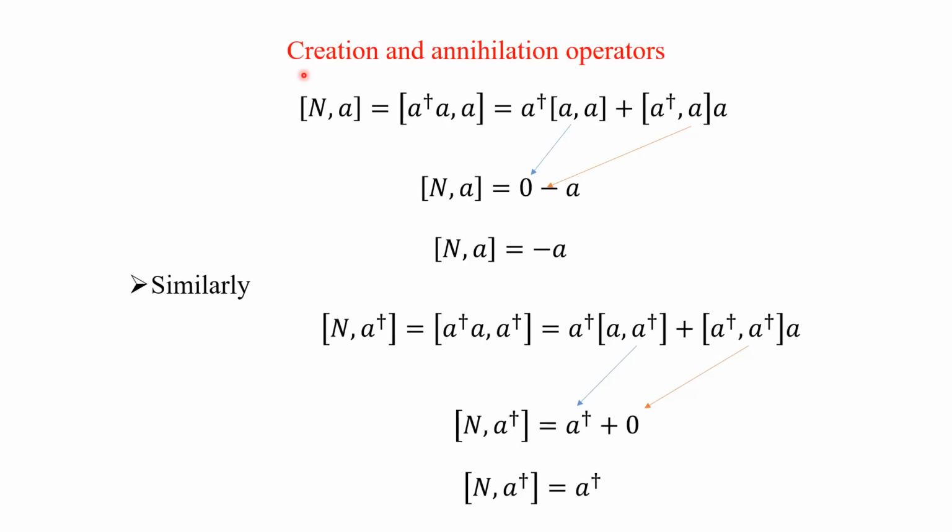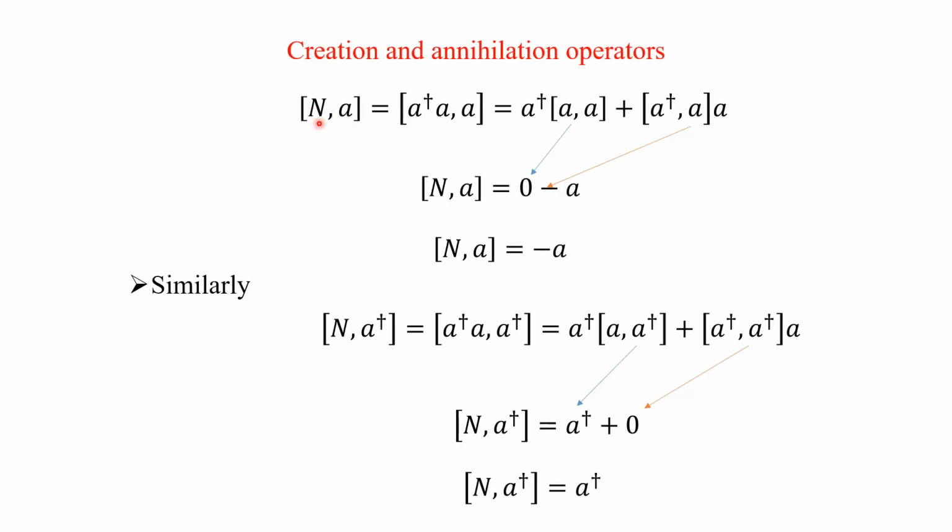Now we will see about the creation and annihilation operators. Before going to them, we will see the commutation relation of the annihilation and the creation operator with respect to the number operator n. First, we will see the commutation relation of n with a.